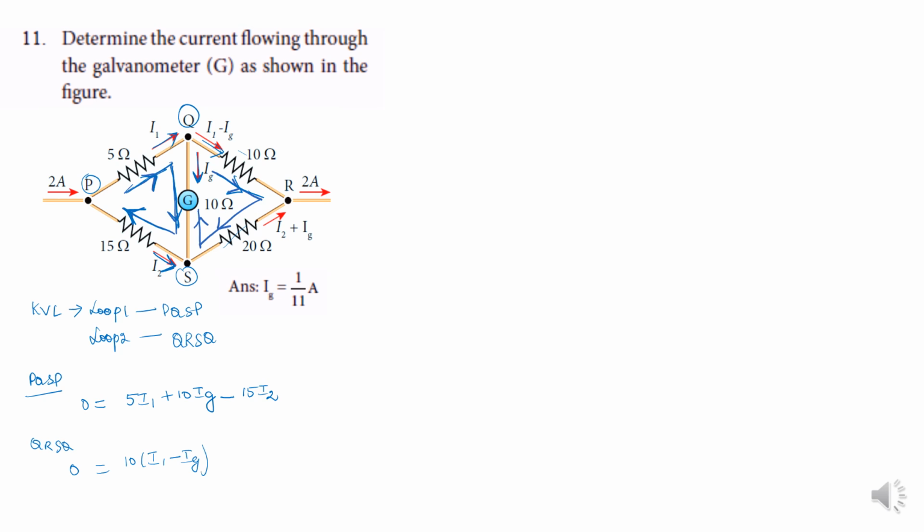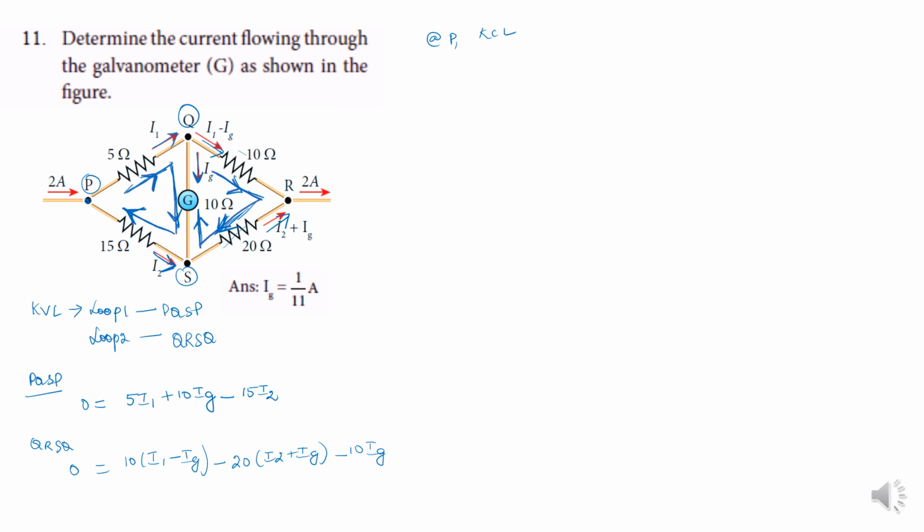Then the trace direction is this direction, but the current direction is this direction, so again minus 20 into I2 plus Ig. And then the trace direction is upward, Ig is downward, so again minus 10 Ig.